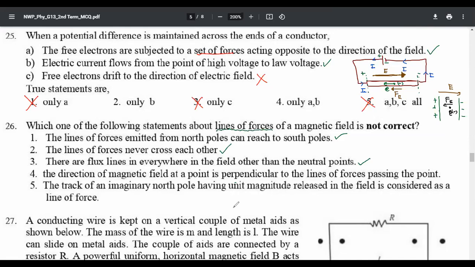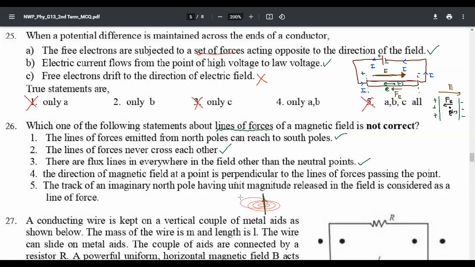These people have used lines of forces. Because when you have a current carrying wire like this, around that there will be magnetic field lines produced in this way. What I'm drawing in red color are the magnetic field lines.